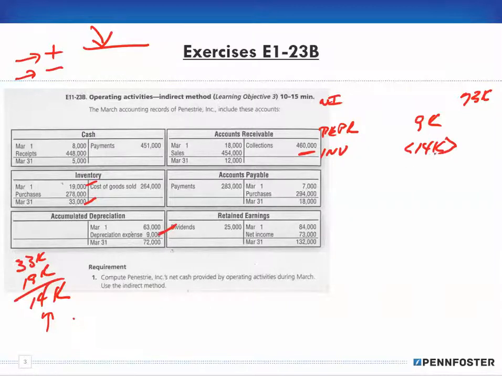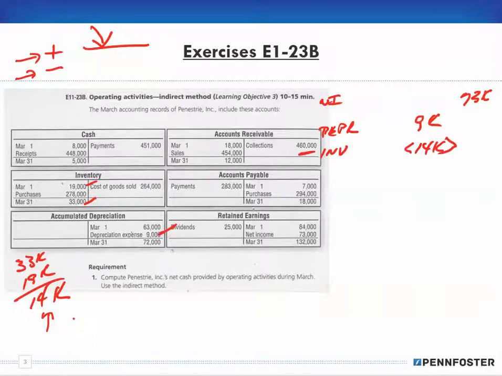Think about the underlying concept: what is the net effect on cash? If our inventory increased, that means we paid for it in cash, so our cash decreased. That's why it's a negative $14,000. You have to always keep in the back of your mind, what is the effect on the cash?